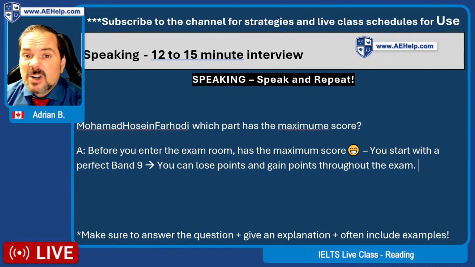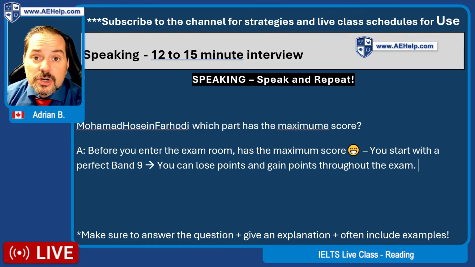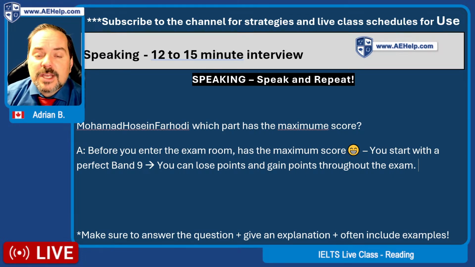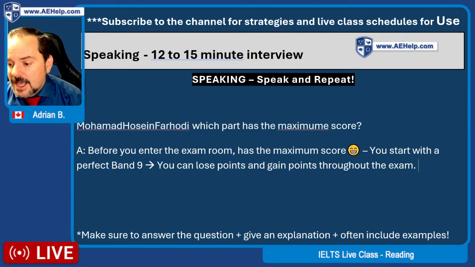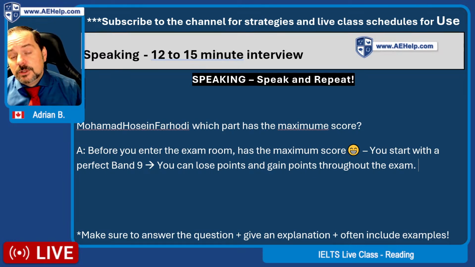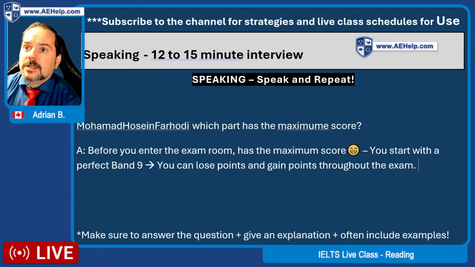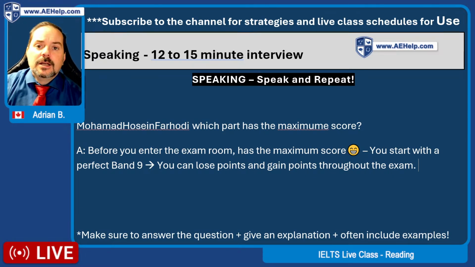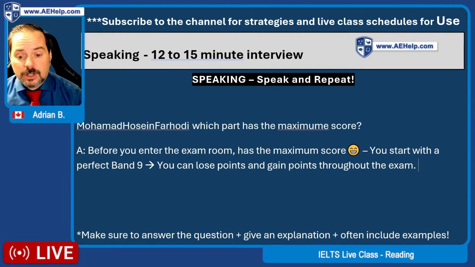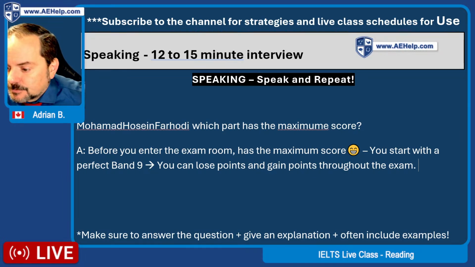So maybe you started at band 6, but by the end of it the examiner goes, oh, okay, they were kind of just nervous in the beginning, and clearly they have very good vocabulary, so they're closer to band 8. Does that make sense? So you can lose and gain points. So there isn't one part that becomes the most critical, let's say, for your end result. The whole exam is looked at in its entirety.